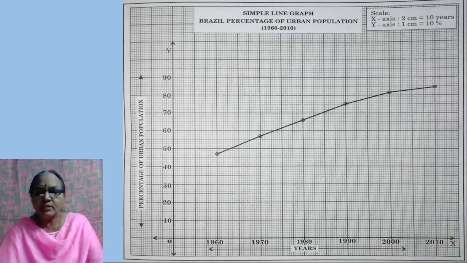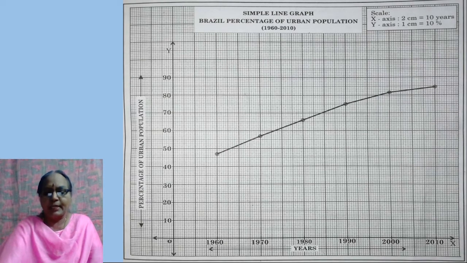Look at this. From 1960 to 1970, and from 1970 to 1980, you find there's been a remarkable increase. In this period we find there is a remarkable increase in the percentage of urban population.